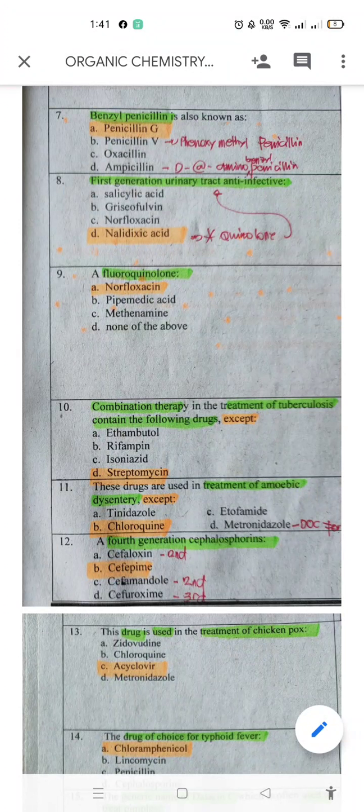So, metronidazole is the drug of choice for amoebiasis, giardiasis, and trichomoniasis. So, for amoebiasis, the causative agent is Entamoeba histolytica. For giardiasis, Giardia lamblia, and for trichomoniasis, Trichomonas vaginalis. That is for your metronidazole.